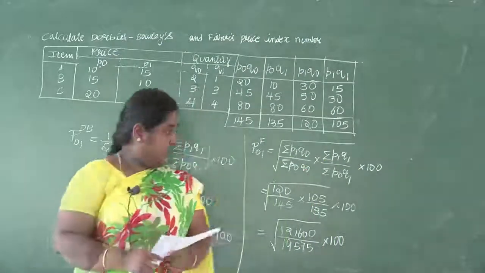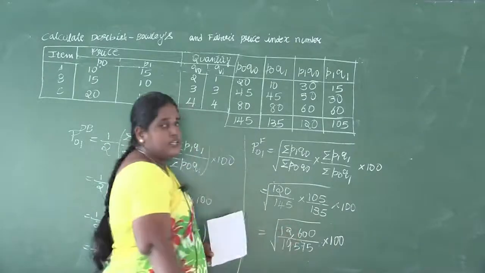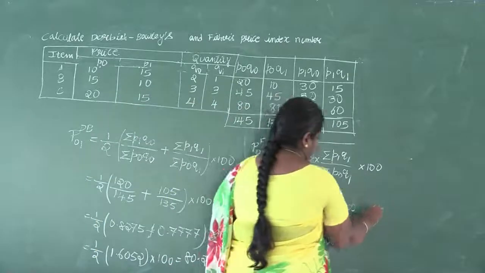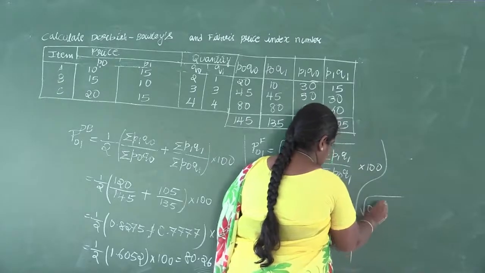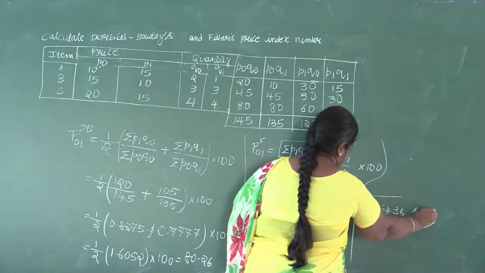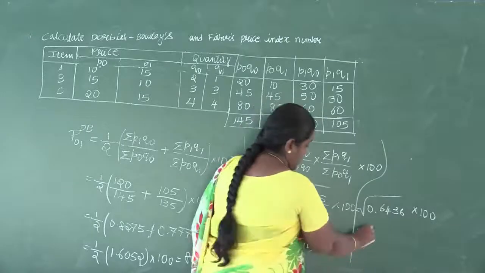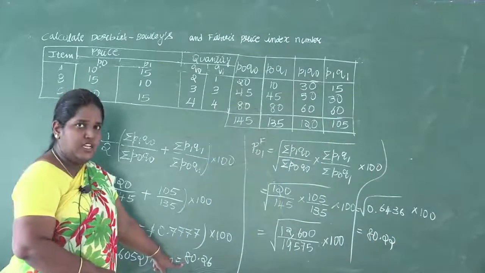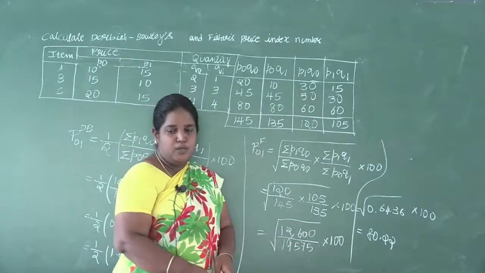Then divide 12,600 and 19,575. When we divide, we will get square root of 0.6436 into 100. Take out the square root and then multiply with 100, we'll get 80.22. So Dorbish-Bowley is 80.26 and Fisher's price index number is 80.22.